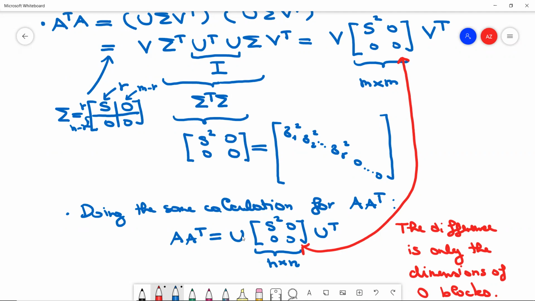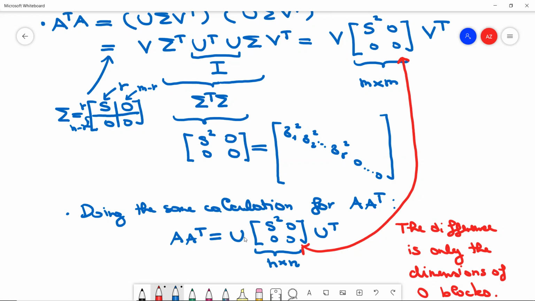However, we cannot just calculate both of them and put them in any order. We have to be a little bit careful, because if we have two singular values which are the same, let's say sigma 1 is equal to sigma 2, then it's important that we take V1 and V2, and then the corresponding U1 and U2.